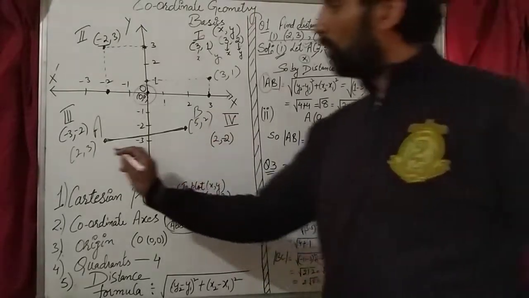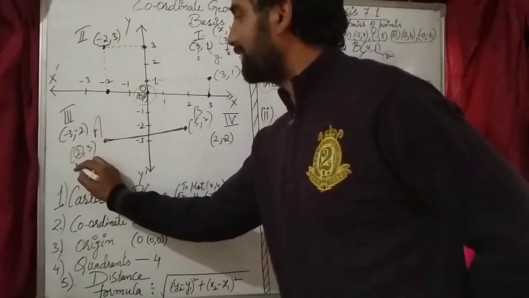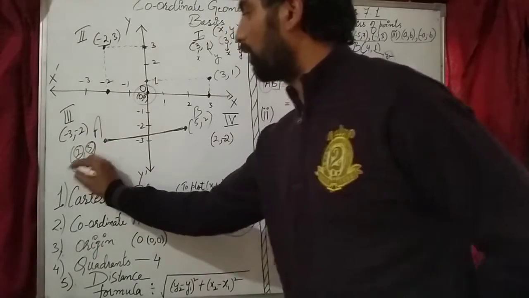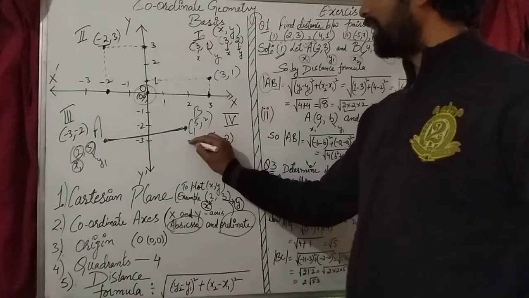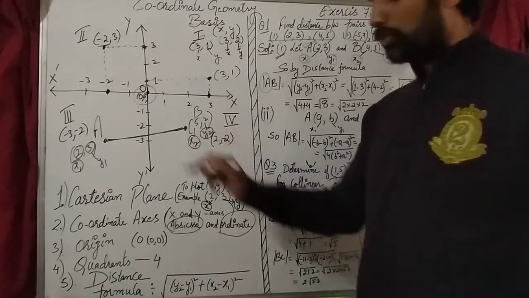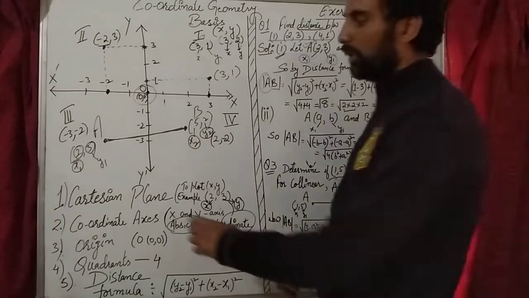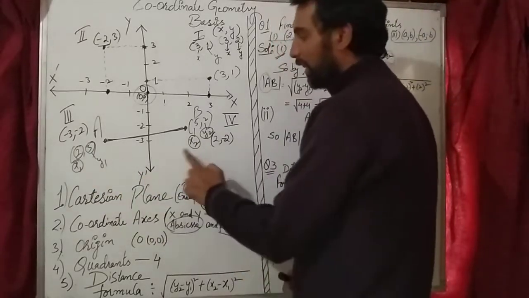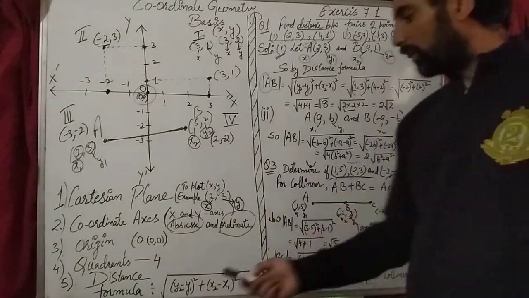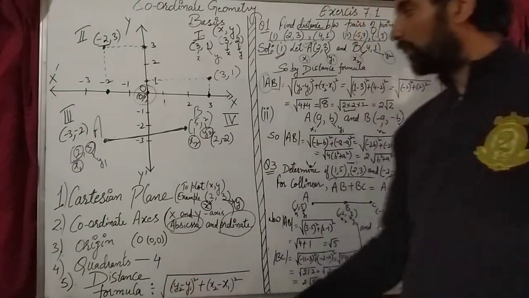The first is always known as x1, y1. This is an important thing. And the second is x2, y2. So whenever you have points, always write x1, y1, x2, y2. From that a formula is created, and that formula is the distance formula.